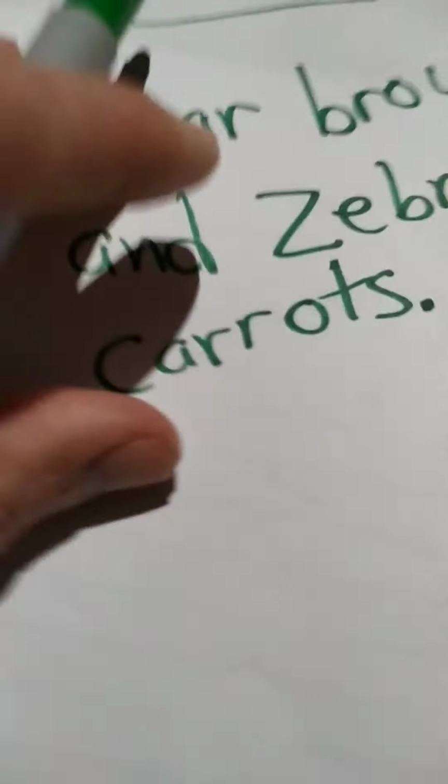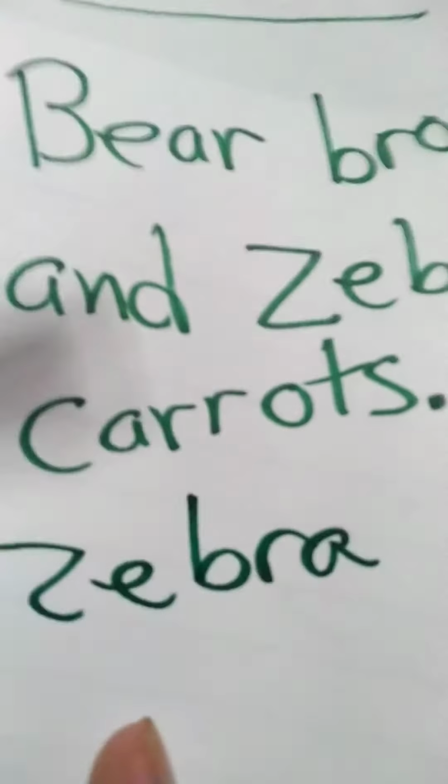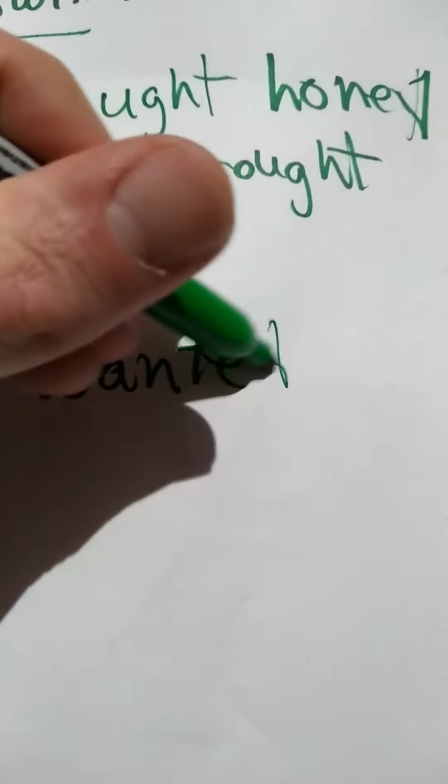Okay, so I'm going to copy down the first line. Here we go. Zebra wanted to swim. You know what? I'm trying to write going through a phone right here. It's not that easy.